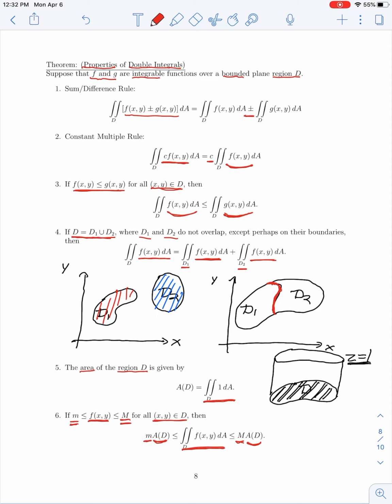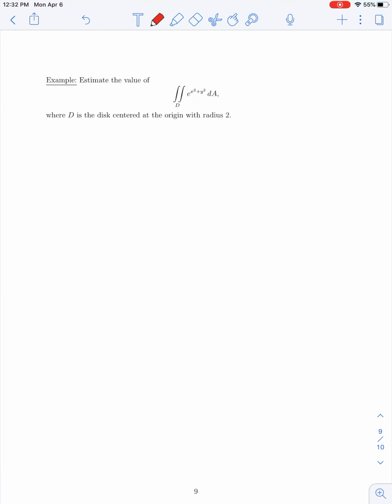So let's look at an example making use of some properties listed in this theorem. Here we are asked to estimate the value of the double integral of e to the x squared plus y squared over the region D, which is described to be the disk centered at the origin of radius 2.